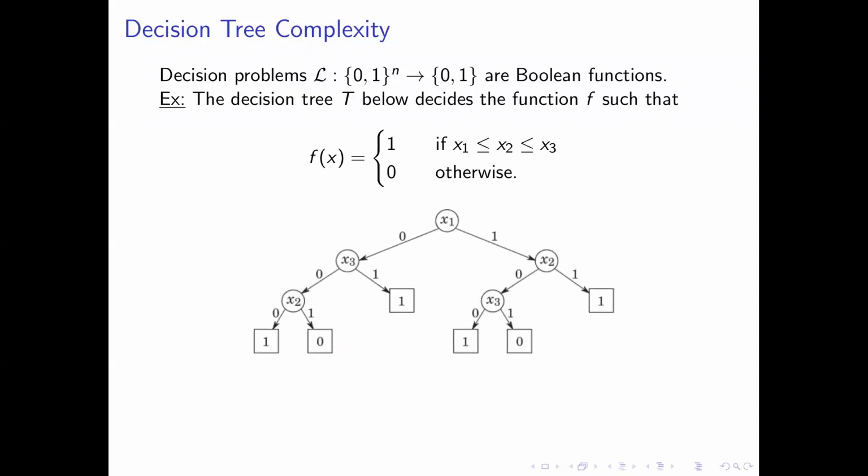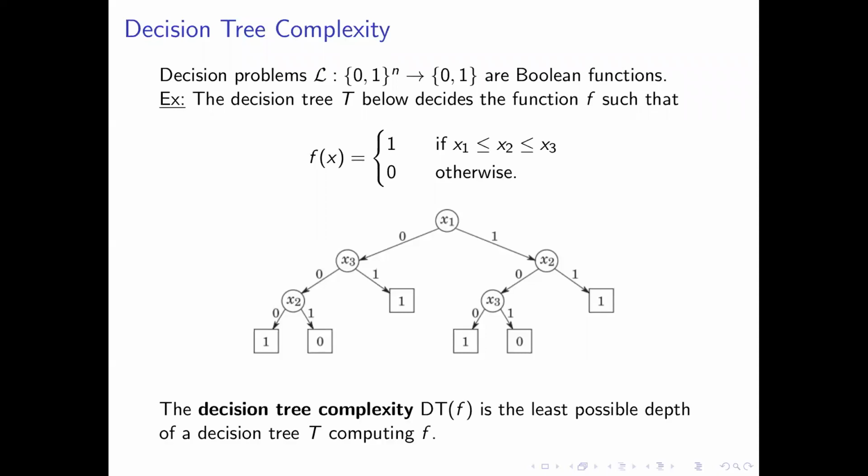If I wanted to decide the language that is 1 if x1 is less than x2 is less than x3, then this decision tree below is an algorithm that will decide this. I'll let you verify that this is indeed a decision tree for this problem.